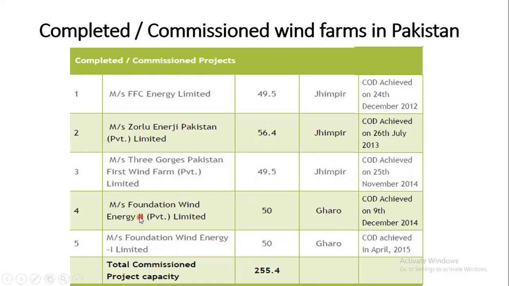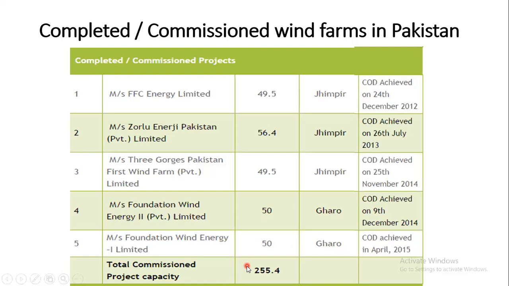Then M/S Foundation Wind Energy 2 Private Limited installed its 50 megawatts in Gharo. In Gharo and Jhimpir, a large energy of wind channel is available, and COD was on 9th of December 2014. Then M/S Foundation Wind Energy Unit 1 Limited installed 50 megawatts in Gharo, COD achieved in April 2015.